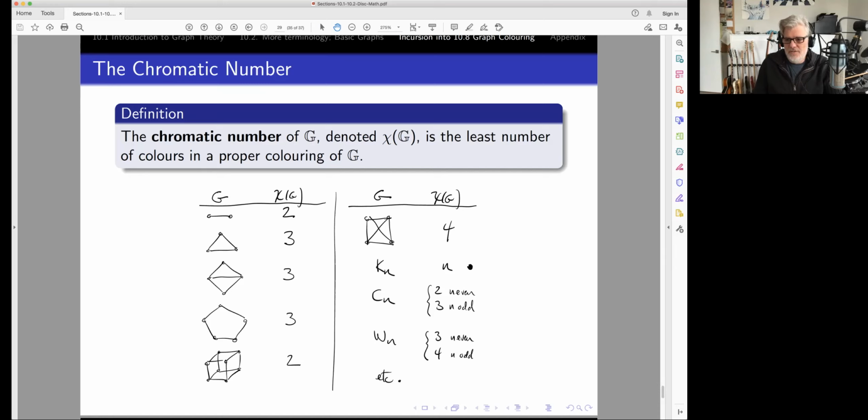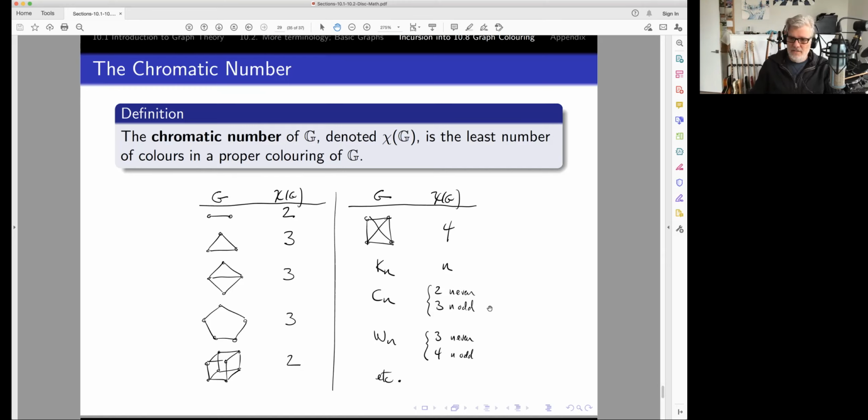And in general, you can see that the complete graph on n vertices will require as many colors as there are vertices because everybody's adjacent to everybody else. So you can't save on colors. The cycles, if the cycle is of even length, you can just alternate colors, blue, green, blue, green, blue, green. You'll come back and everything is fine.